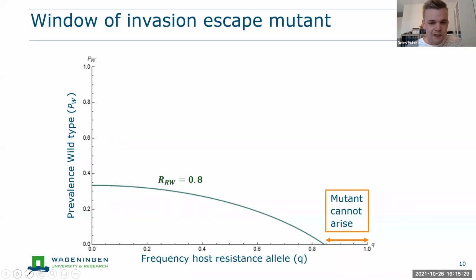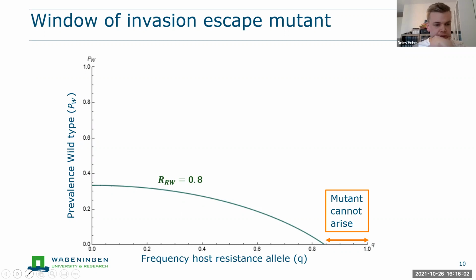One limit here for the arisal of escape mutants is the part at which the wild type is not present, so above the Q max, above the level of the frequency of host resistance for which the wild type can be present. There the mutant cannot arise simply because there's no wild type, so there are no pathogens in the host population.